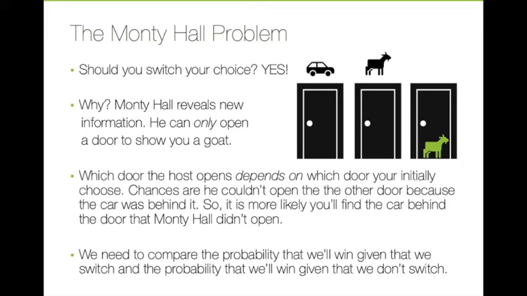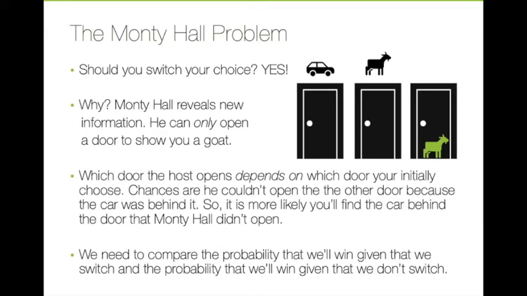Chances are he couldn't open the other door, so there are 2 doors you didn't choose. Chances are he could only open one of them because the car was behind the other. So it's more likely that you'll find the car behind the door that Monty Hall didn't open, but that you didn't choose. How do we show this?